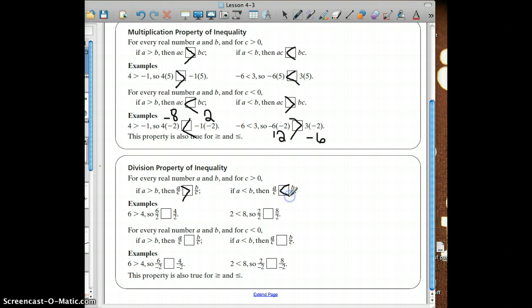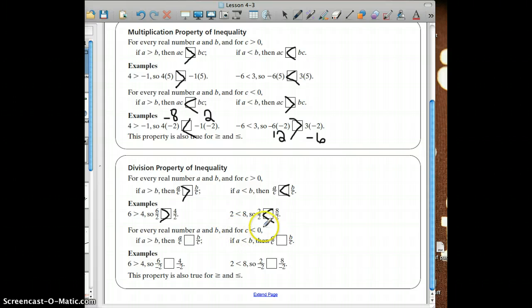If we have 6 is greater than 4, we divide both sides by 2, we end up getting 3, which is greater, not much greater, but it's greater than 2 over here. If we have 2, which is less than 8, and again, we divide both sides by 2, we still have the left side being less than the right.